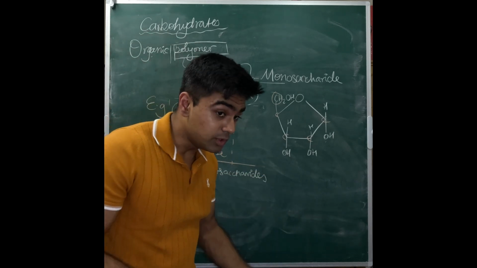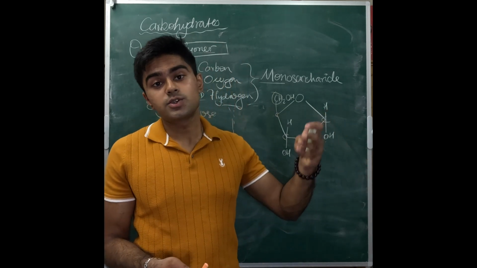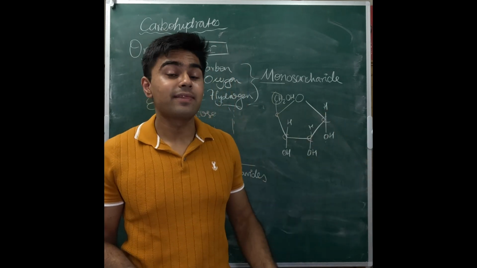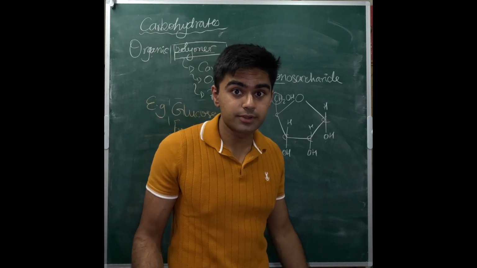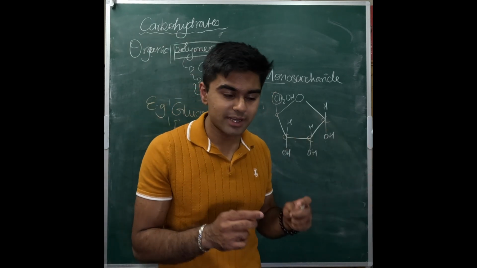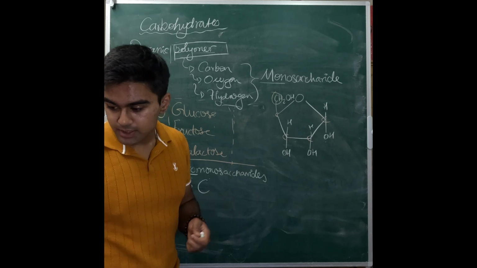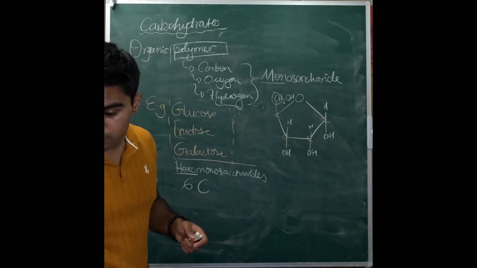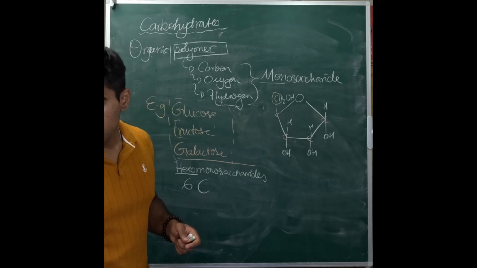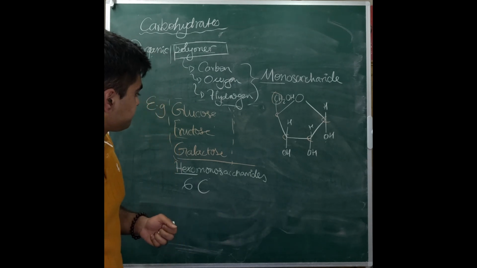What I would recommend, however, is to learn the structure of glucose. That came up in my A-levels too. I still remember looking at that structure and thinking, yes, memorize that. So I would recommend remembering the structure of glucose, and that is something that we will go over.